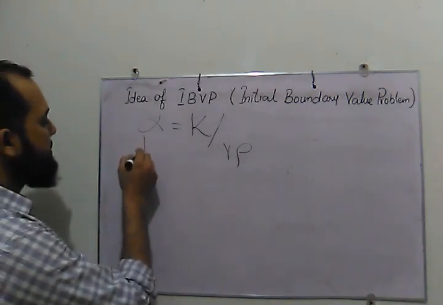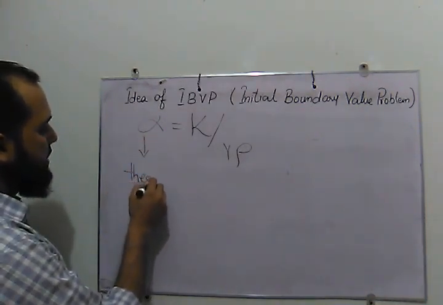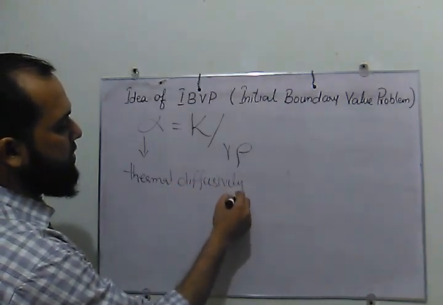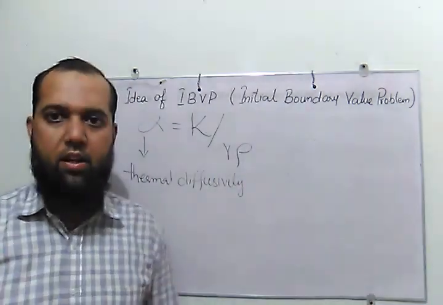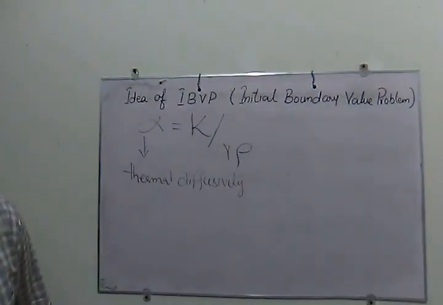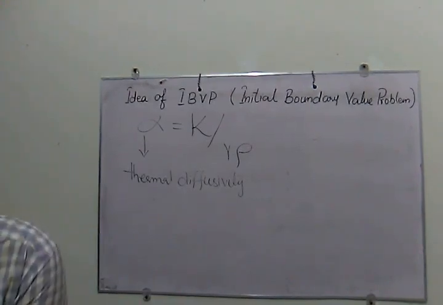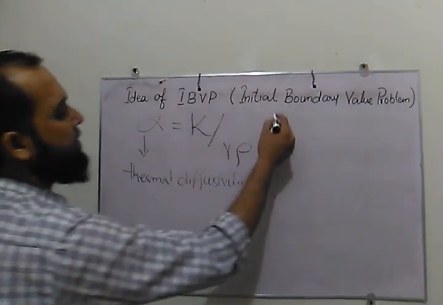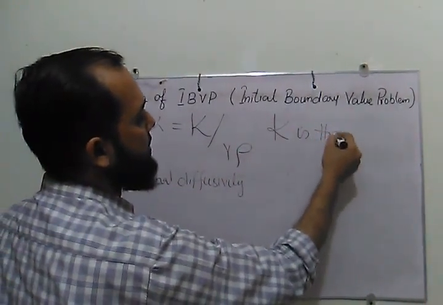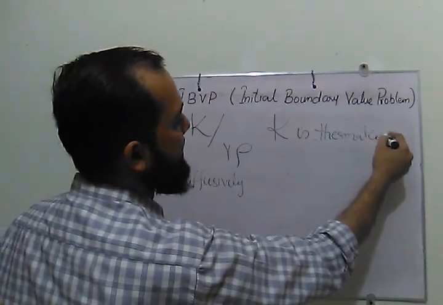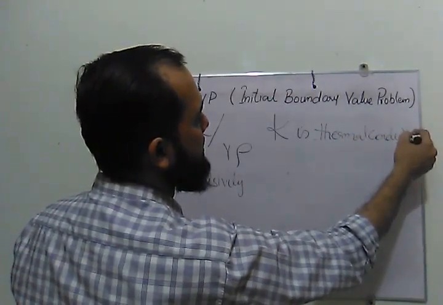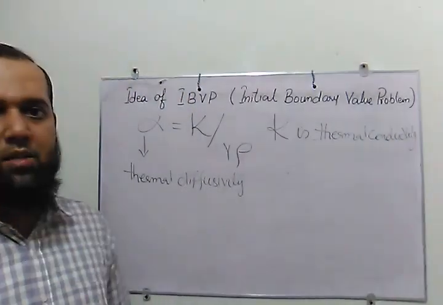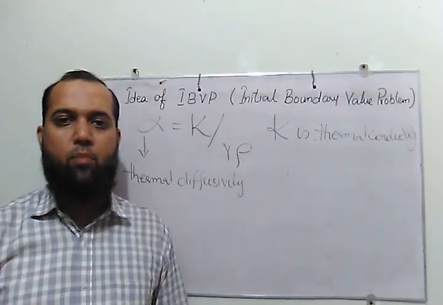It is the thermal diffusivity, which is different for different materials. Capital K is the thermal conductivity. Of course, it is different for brass, it is different for copper, it is different for any other metal. The thermal conductivity is a property of the material.